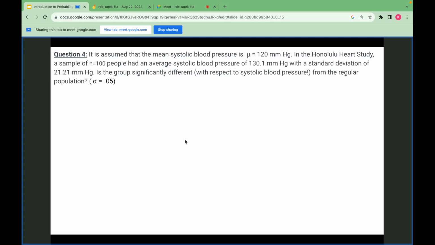So is the group significantly different from the regular population? Okay, so now in this question, how is this question different from the previous question? The mu is given, the sample size is given, sample average is given, the standard deviation is given.